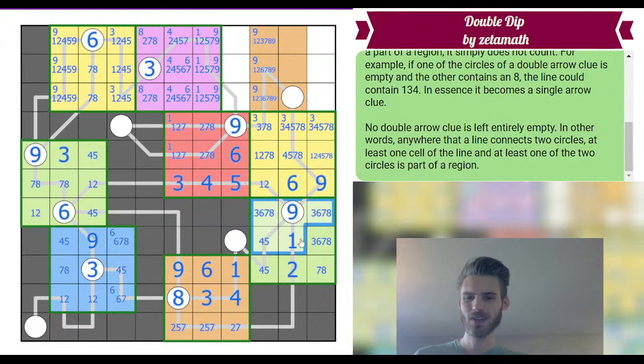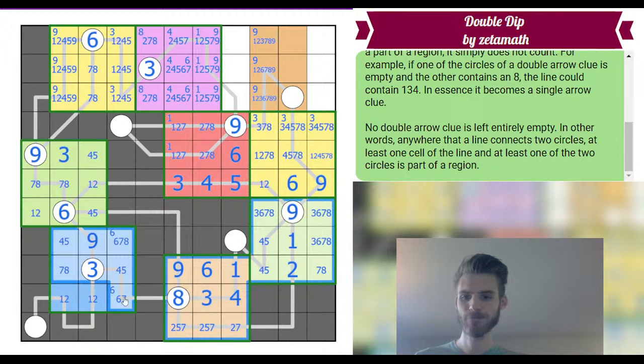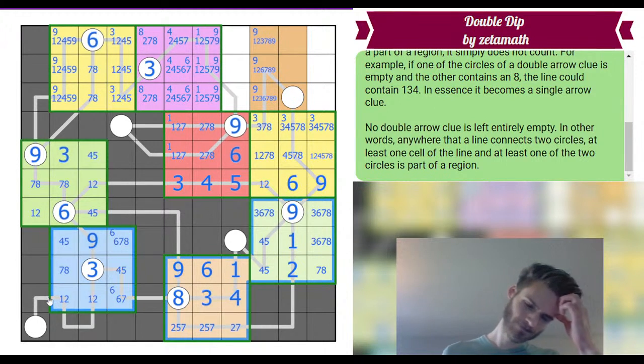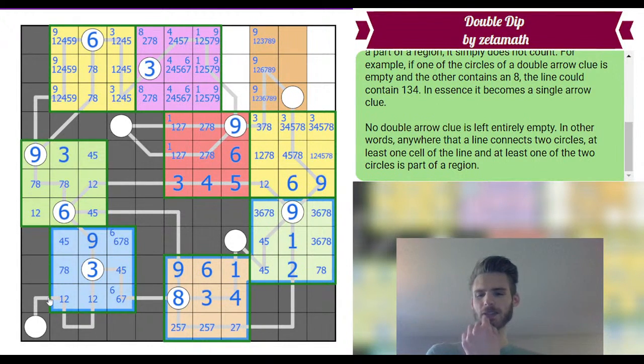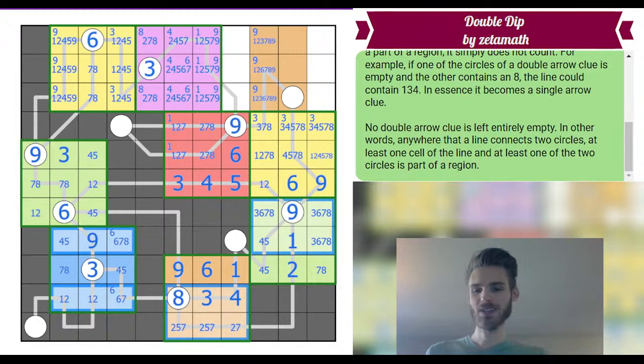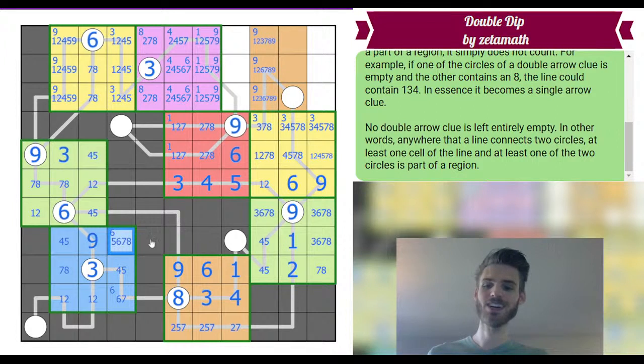Okay, let's try to do some tricks here. So those are 3 sets of the digits 1 to 9. And I can rule out this set, and that's 2 sets of 9. I already have my 9s. Oh god, why CTC?